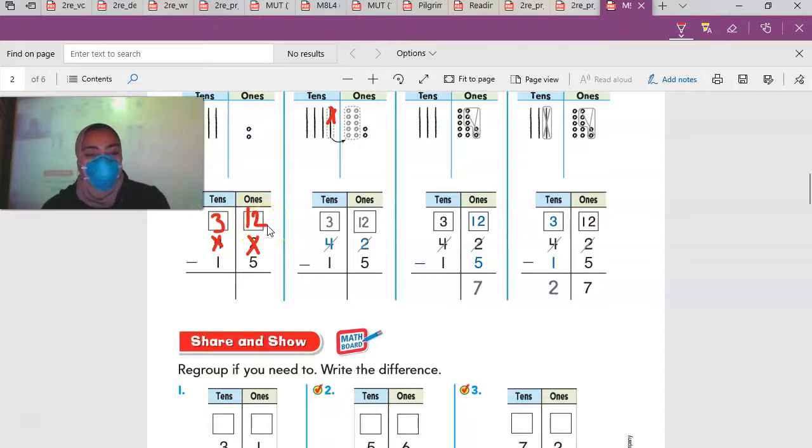Sometimes they're going to trick you and put the box there and you don't need to regroup. So you need to make sure you're paying attention. What's 12 take away 5? 7. Very good. 12 take away 5 is 7. And what is 3 take away 1? 2. So what's your answer? 27. And then we're just going to go through and write that on all of these.